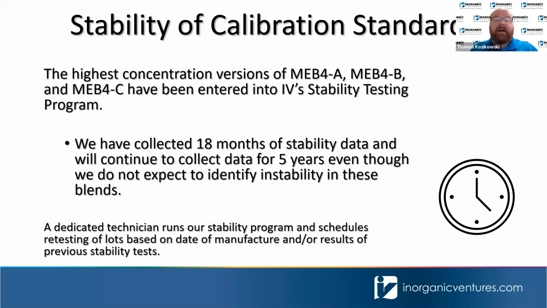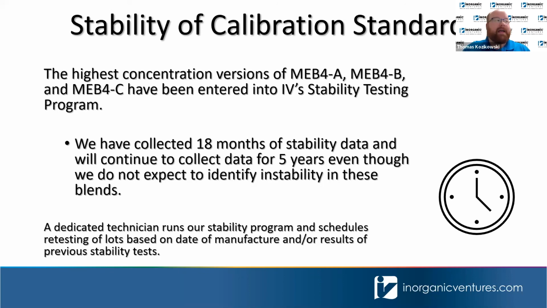The highest concentration versions of these 3 sets have been entered into our stability testing program. We do have concentrates that we make these from. So those highest levels are being monitored for stability, and we are making the assumption that the lower level ones are stable over time.